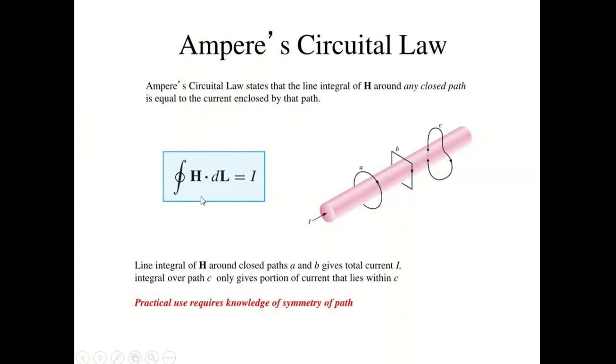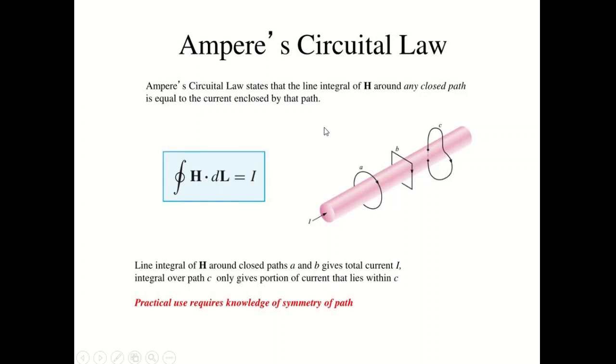So if we do the line integration, then it gives us the current. The line integral of H around closed paths A and B gives the total current I. The integral over path C only gives the portion of current that lies within C.